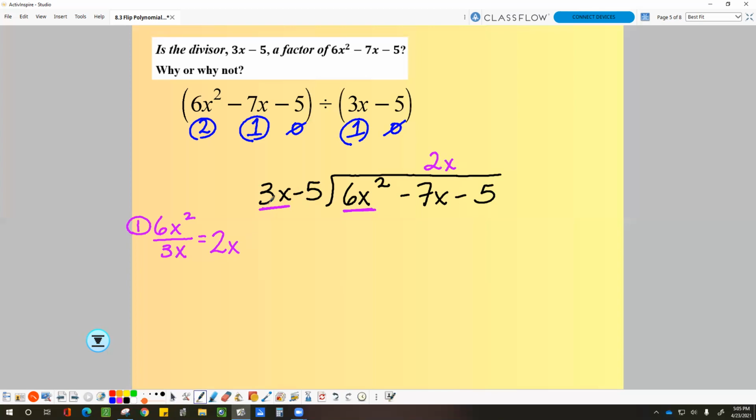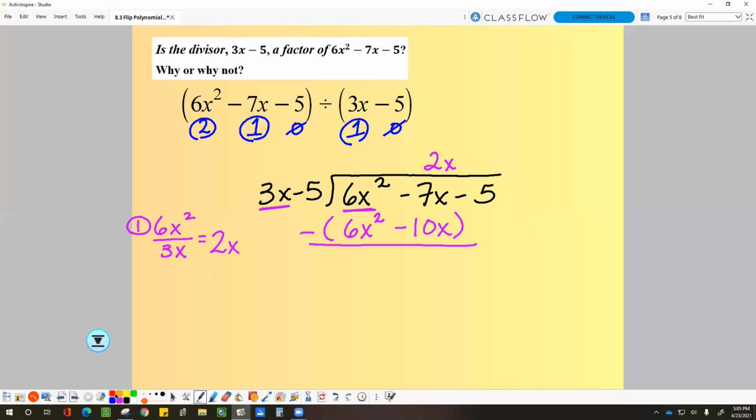Then I multiply 2x times 3x, 6x squared. This should always match here, because when I subtract, I'm trying to eliminate this term. I also multiply 2x times negative 5. I get negative 10x. I have to subtract this binomial.